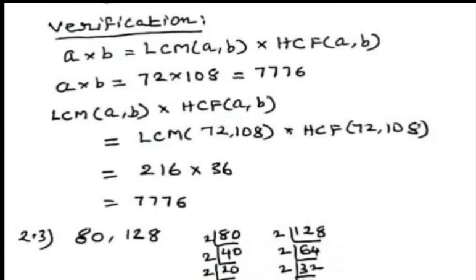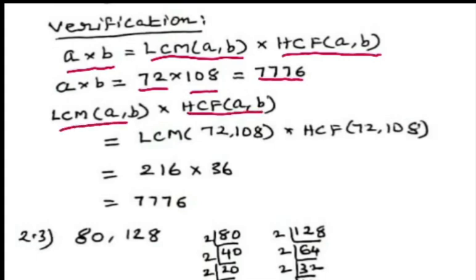The product of two numbers is equal to the product of LCM and HCF. 72 multiplied by 108 equals 7776, and LCM multiplied by HCF, where LCM is 216 and HCF is 36, gives the same result. Hence it is verified.